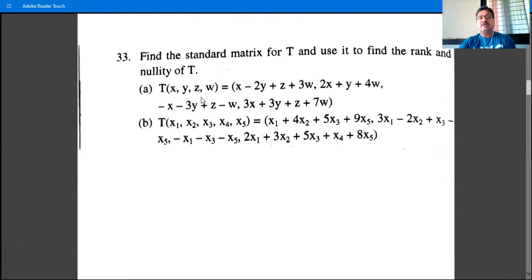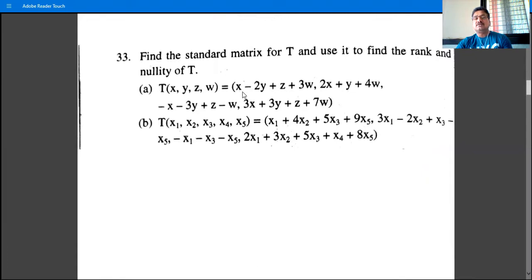So T is from (X, Y, Z, W), instead of X1, X2, X3, X4, that is the notation X, Y, Z, W. This is an element of R raised to 4, so the domain of T is R raised to 4.